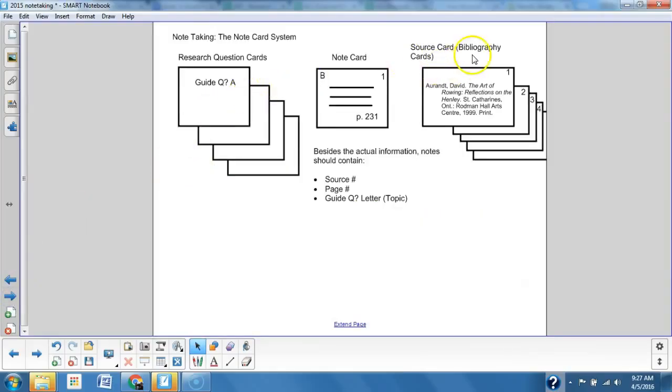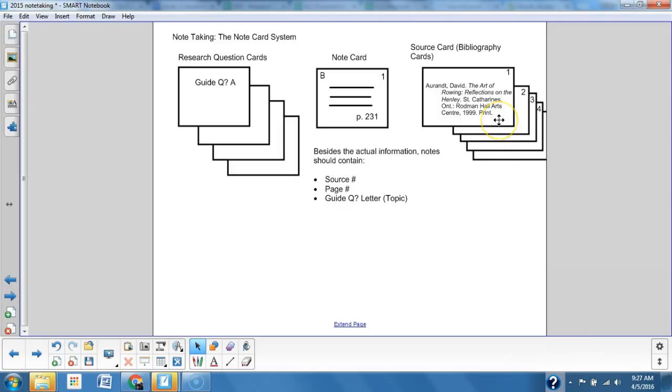Let's start with over on the far right. Here you'll take a look at bibliography cards. So within the bibliography cards, this is just taking your bibliographical information and putting one source on each card. So you are supposed to have a 12 source bibliography, a working bibliography.